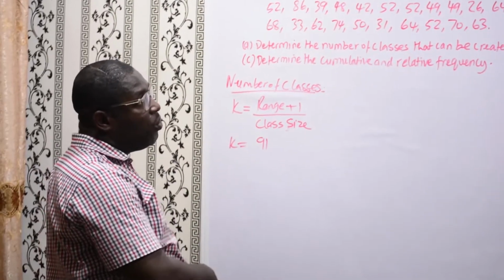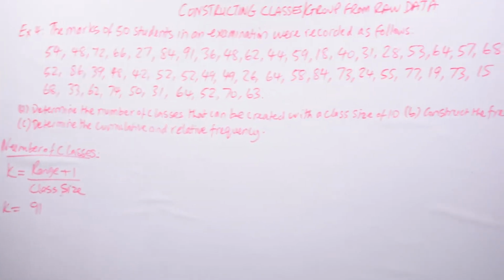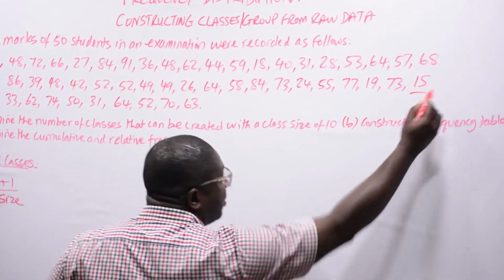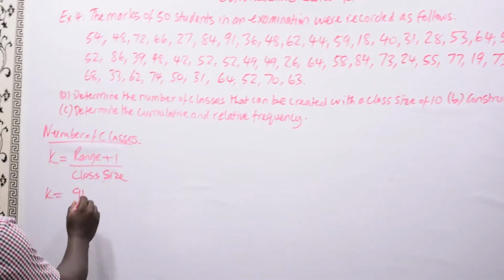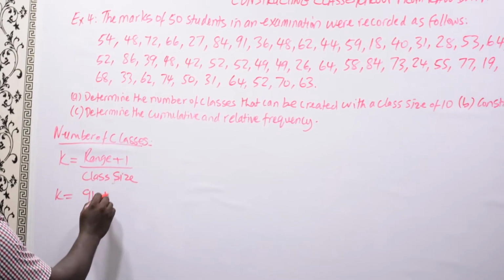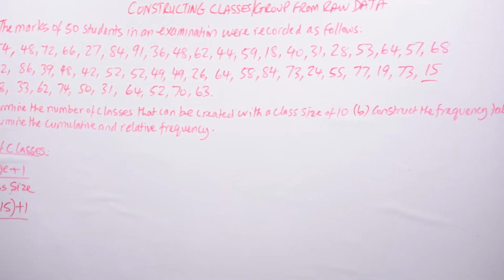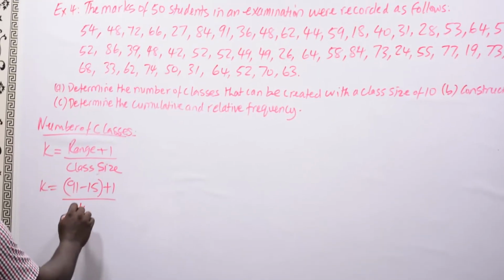And what is the lowest value? The lowest value is 15 here. So it becomes minus 15. This is range plus 1, divided by the class size of 10.